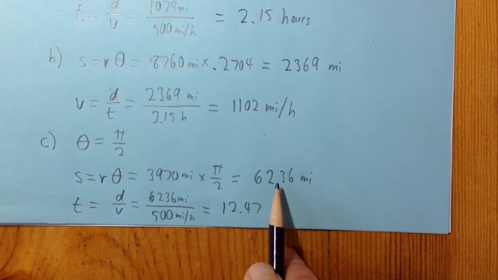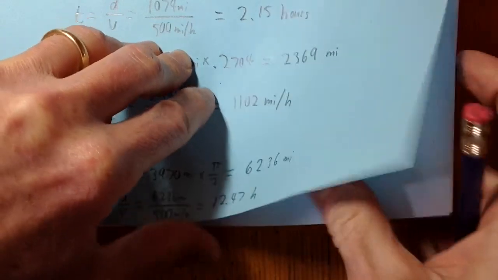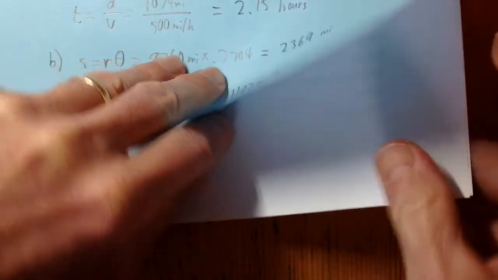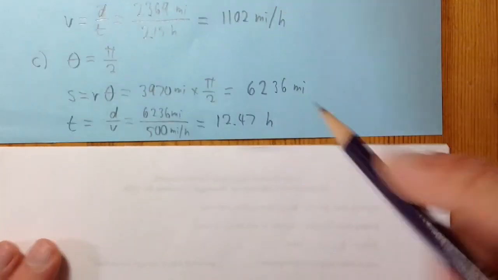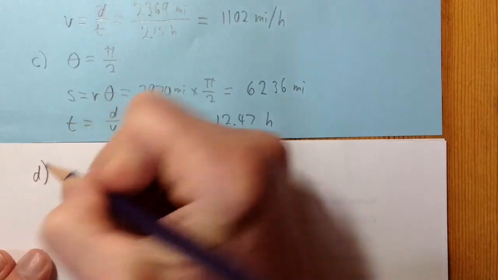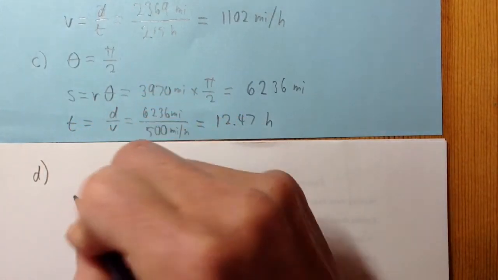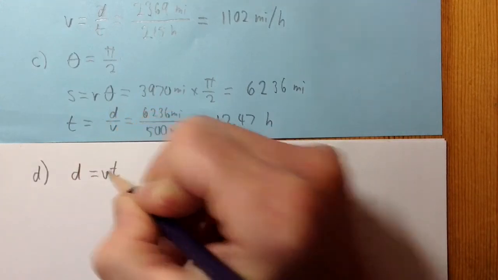Now, finally, part D, how far has a satellite traveled when the plane is directly over the equator? Let's see. We know the speed of the satellite now. The distance is velocity times time.